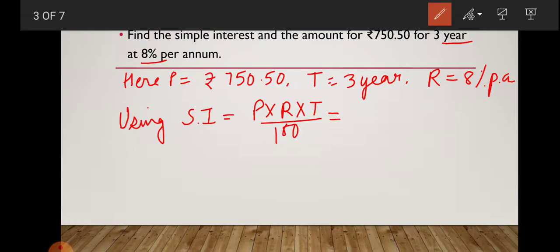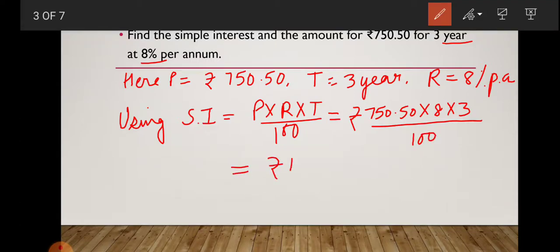Simple interest is equal to rupees 750.50 into 8 into 3 divided by 100 is equal to rupees 18,012 divided by 100 is equal to rupees 180.12.